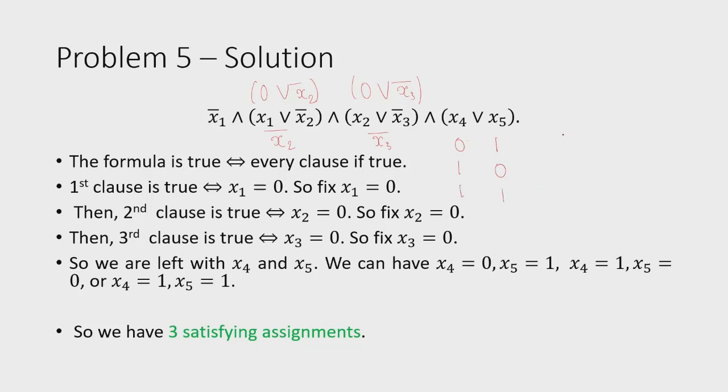So our satisfying assignments would look like this: 0 0 0 0 1, 0 0 0 1 0, 0 0 0 1 1. So these are the only three satisfying assignments. Does everyone agree with me?